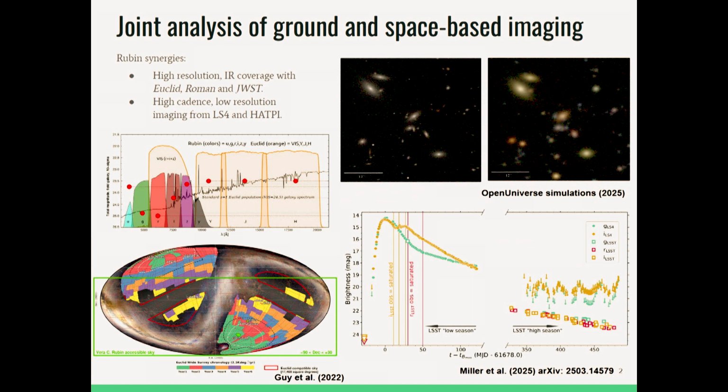It helps us to deblend systems that are hard to deblend in ground-based imaging. And on the other hand, from the time domain point of view, we also have other surveys in the south, like LS4 and HADPI, which will provide us with even higher cadence, but very low resolution imaging. And this can help us to study transients by combining all of these surveys together.